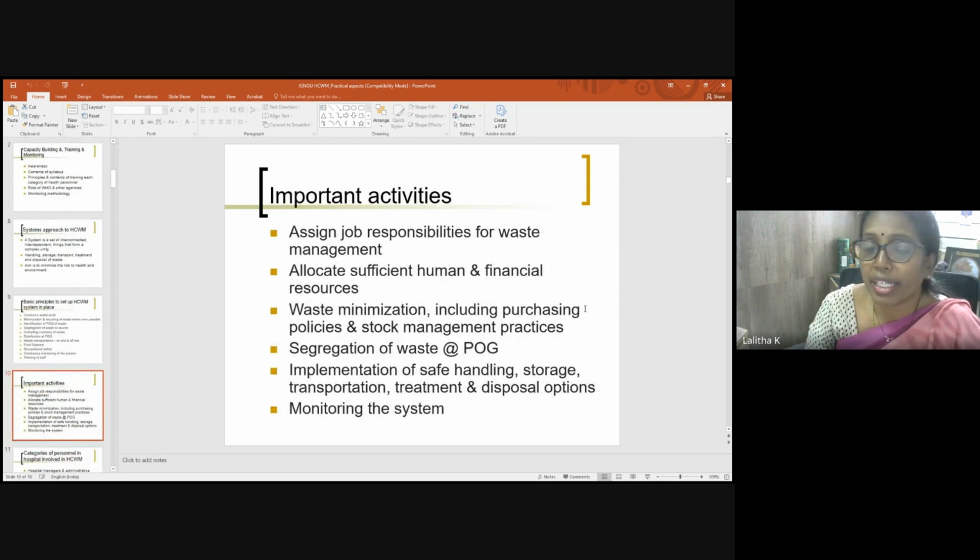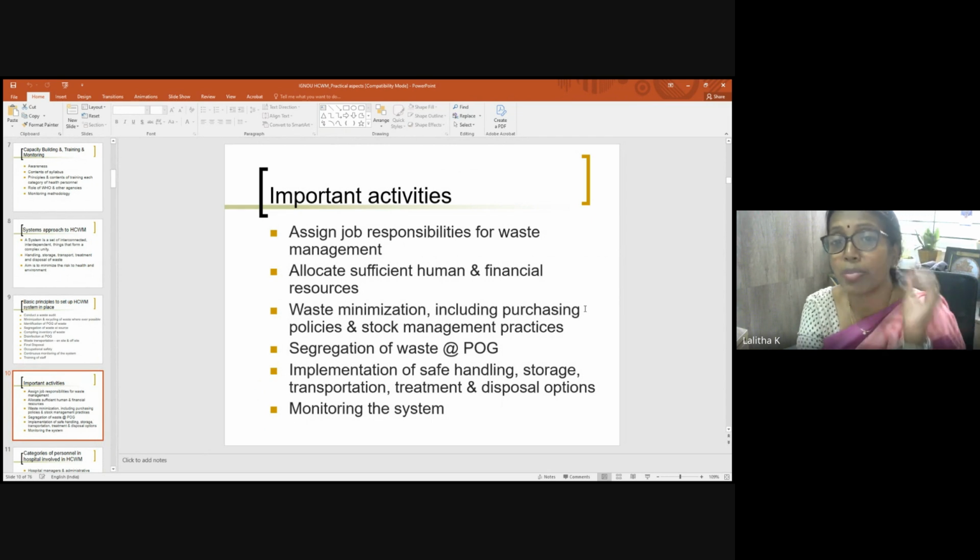So, what is important? How do we go about assigning job responsibilities for waste management? It is very important. Each one of us has to know what our responsibility is. We need to have separate human and financial resources. We need to have a separate budget. We can't just say this is waste and we do not want to spend any money. We need to keep a separate budget for bins, trolleys, liners, management, and disinfection and the autoclave process as well, because on site we have to do autoclaving.